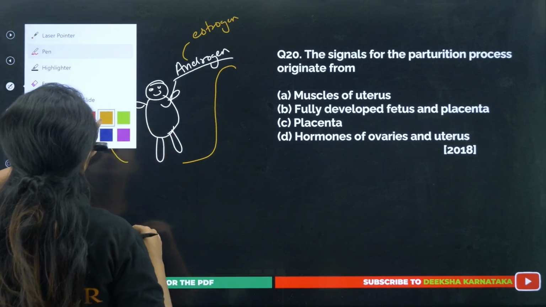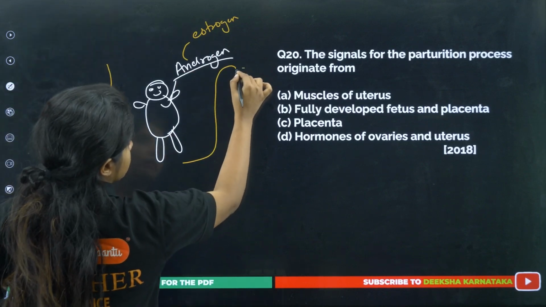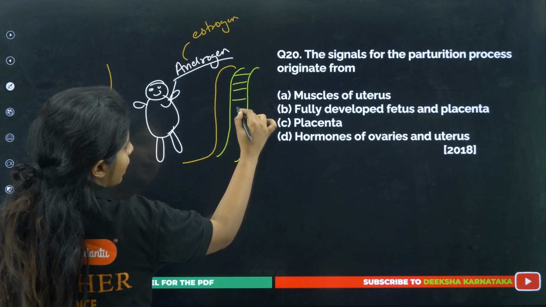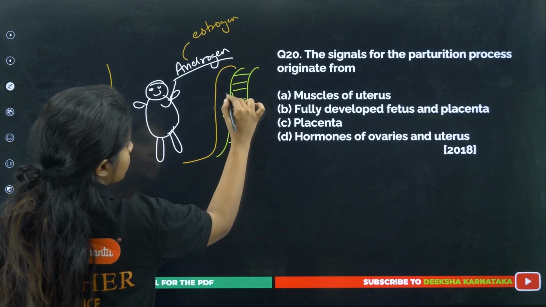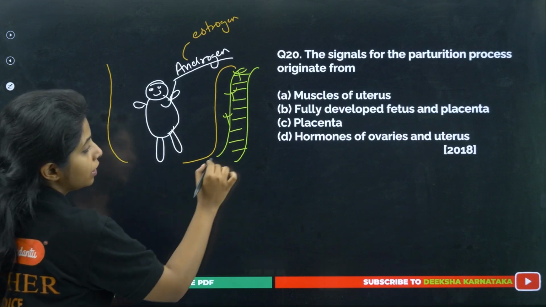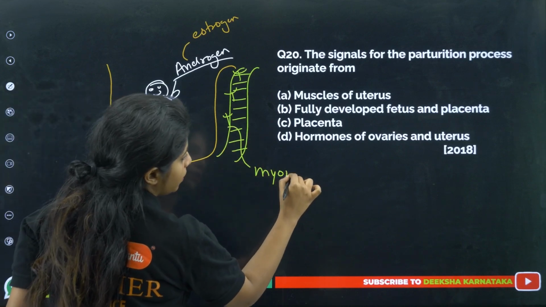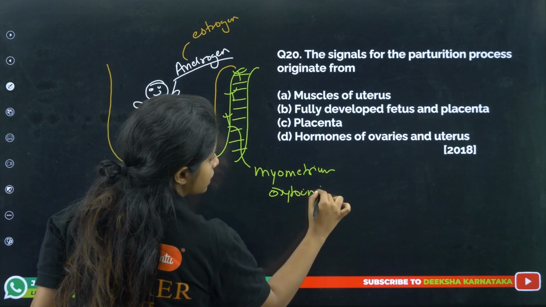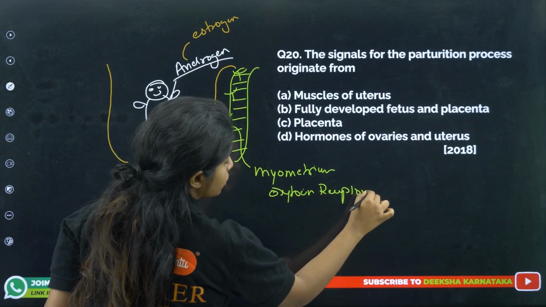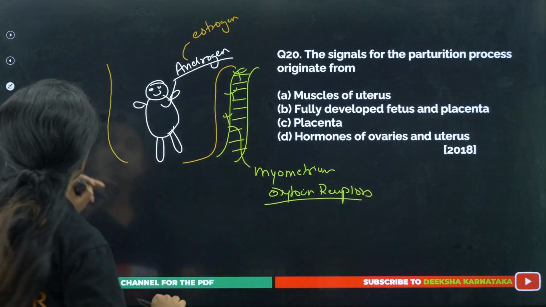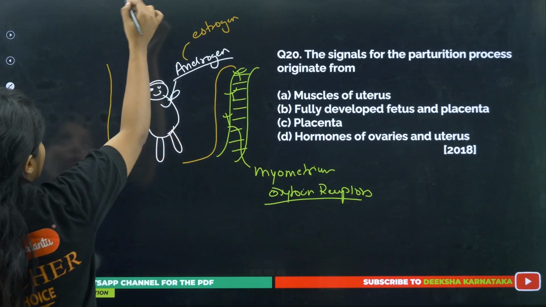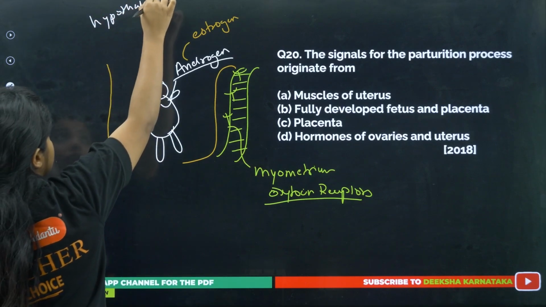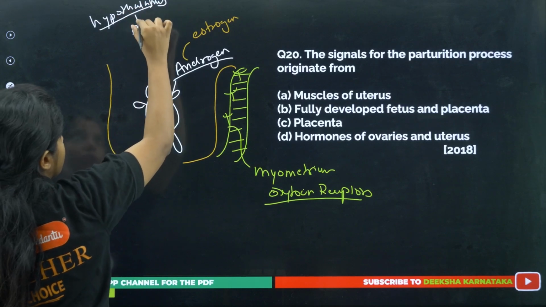This estrogen is going to make so many receptors on the myometrium really active. And what are these receptors, children? Oxytocin receptors. Oxytocin is usually being produced in the body, made in the hypothalamus and later released with the help of the pituitary.